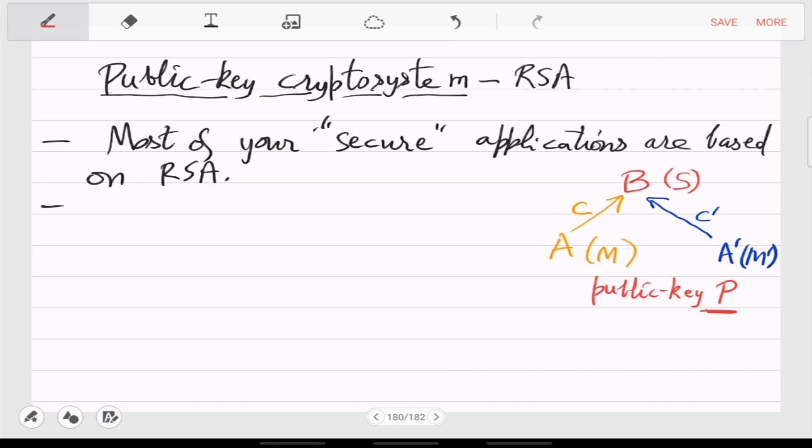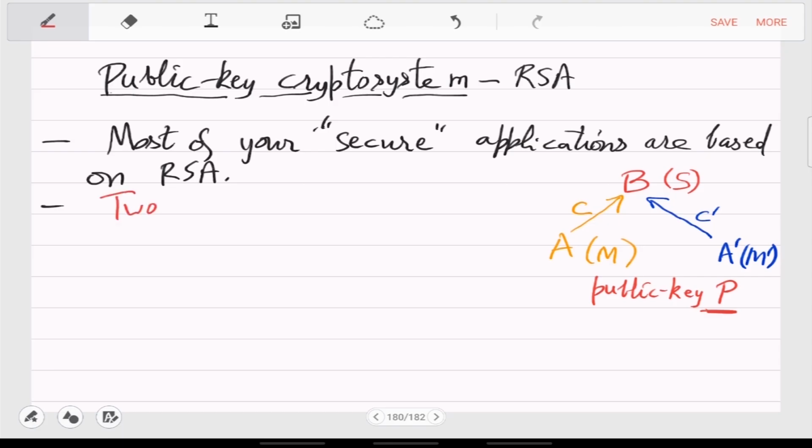So what would this require? So clearly S cannot be P, right? It cannot be the same secret. S has to be different from P. So the bank has to create two kinds of secrets. One that will be made public to everybody for encoding purposes, and the other one will be only with the bank for decoding purposes.